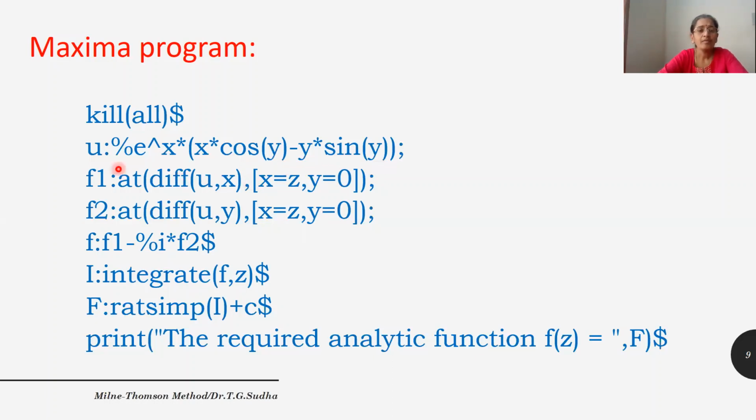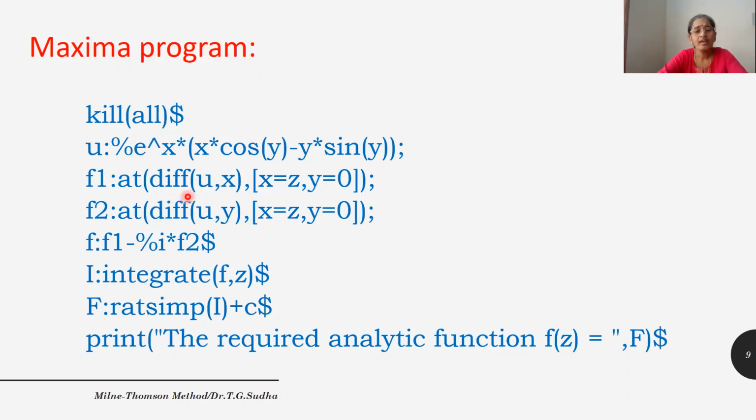We require the derivatives of u with respect to x and y. So diff of u comma x returns the derivative of u with respect to x, and at command is used for substitution.